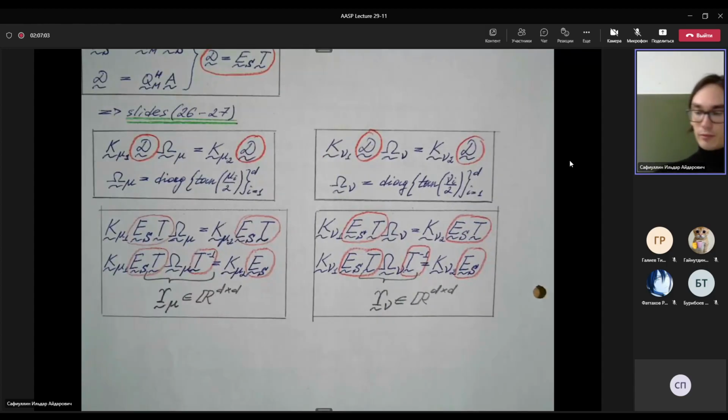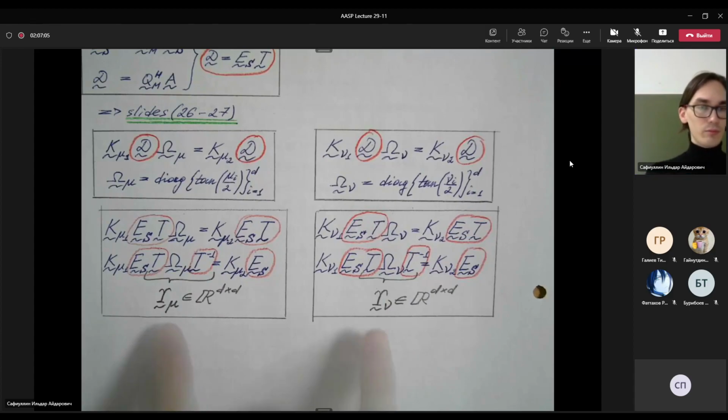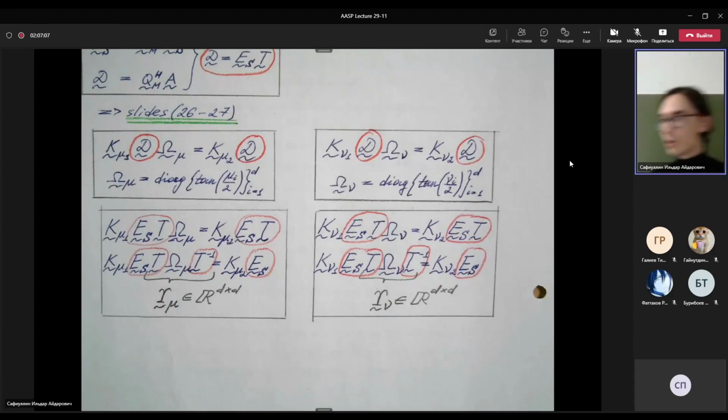But in this case, we have two matrices epsilon, and we somehow need to find this automatic pairing of these values.